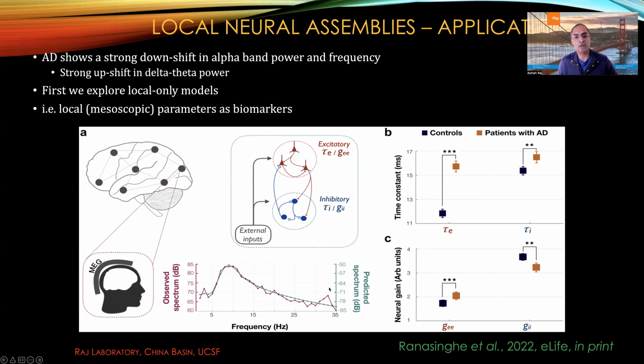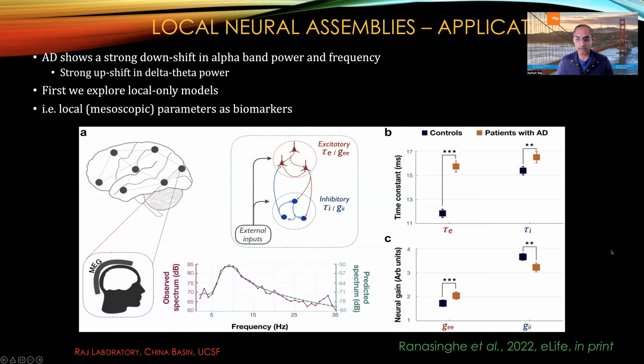And what we found was that in Alzheimer's disease, there's a dramatic increase in the excitatory time constant and a somewhat less dramatic increase in the inhibitory time constant. And they also come concomitantly with small increases in the excitatory gain and a small decrease in inhibitory gain.